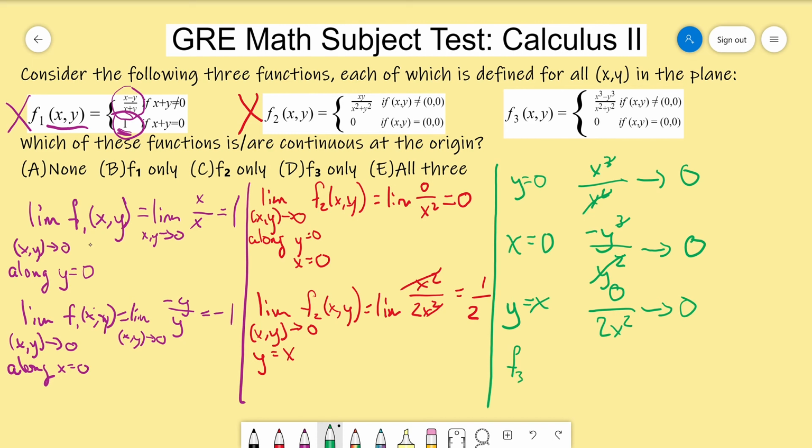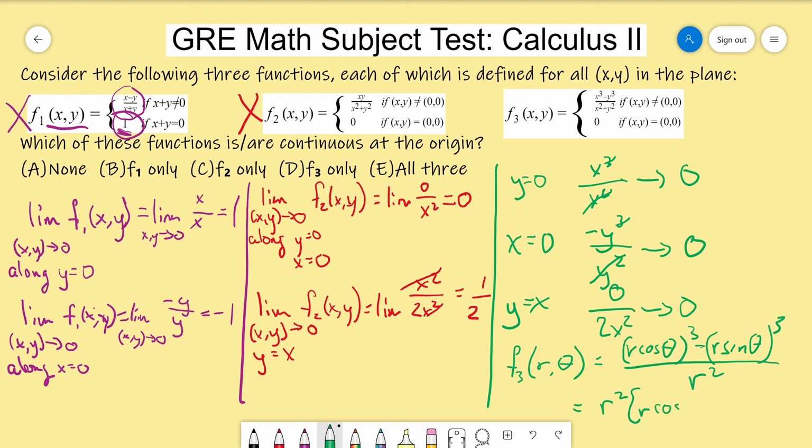So we could write f3 of (r, theta) is equal to (r cosine theta) cubed minus (r sine theta) cubed all over x squared plus y squared, that's just r squared. Now we can factor out an r cubed.